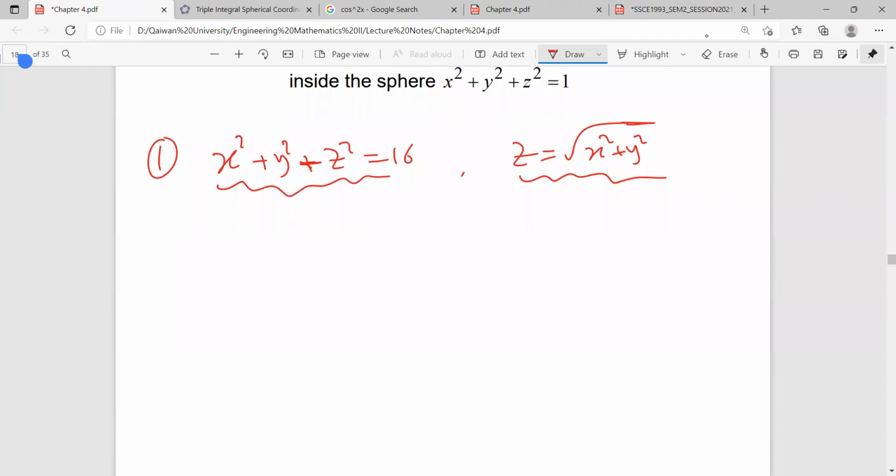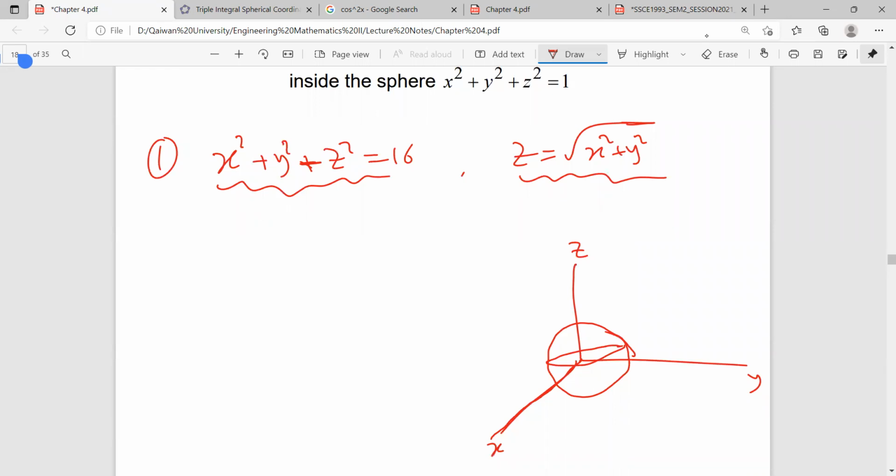The graph of the first one, the sphere, we're going to draw both together on the same XYZ axes. That's X, that's Y, and Z. The first one is a sphere.